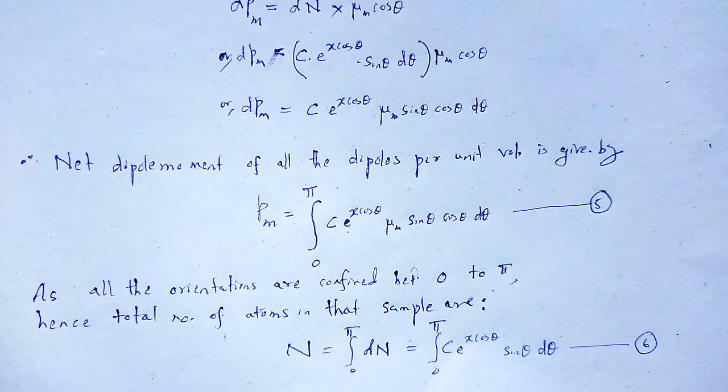Therefore, the average dipole moment per atom in the direction of the magnetic field can be calculated.